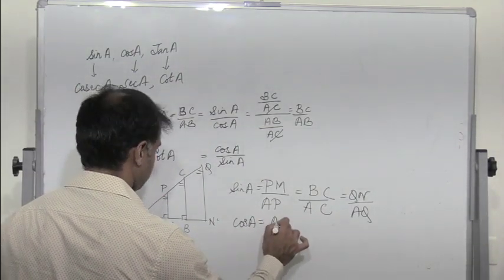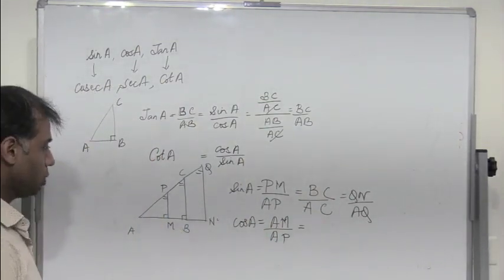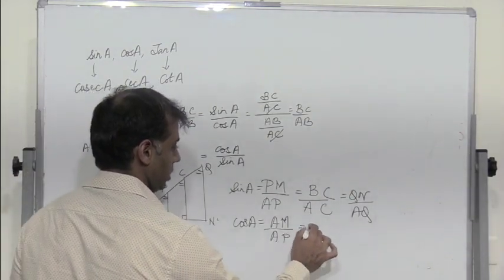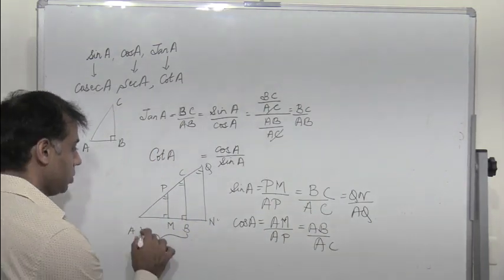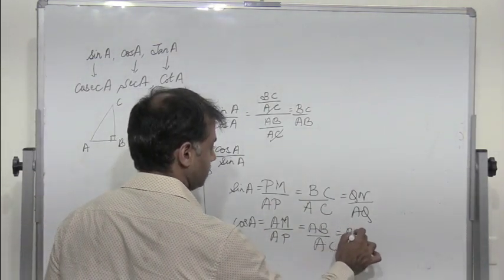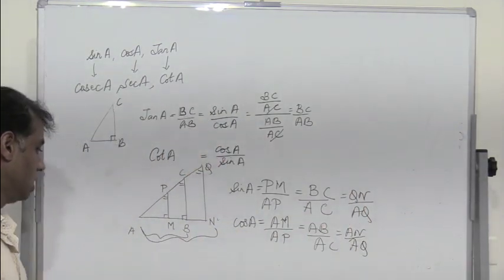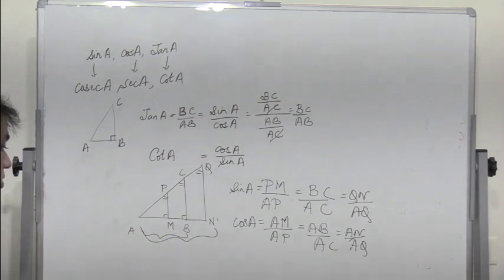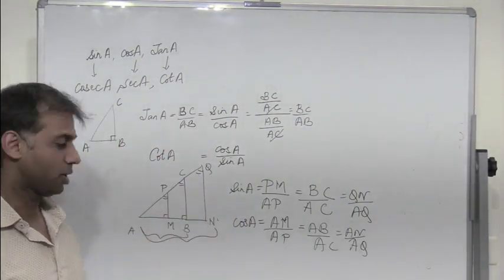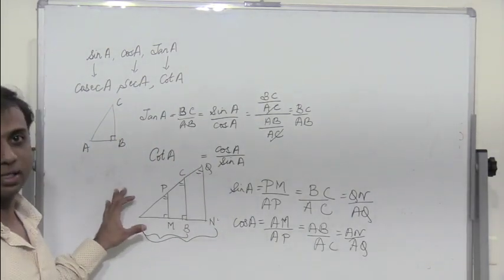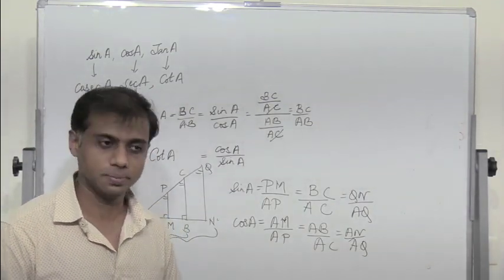It is AM, the adjacent side, by AP, which is also equal to the adjacent side AB divided by the hypotenuse AC, which is also equal to the adjacent side AN divided by the hypotenuse AQ. So the values of the trigonometric ratios of an angle do not vary with the lengths of the sides of the triangle, if the angles remain the same. This is a very important property which has to be remembered.